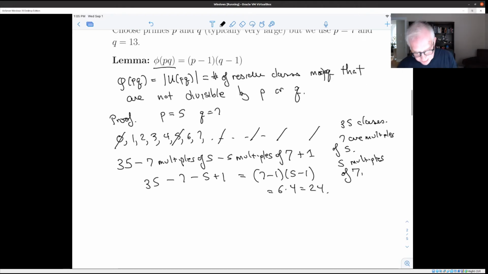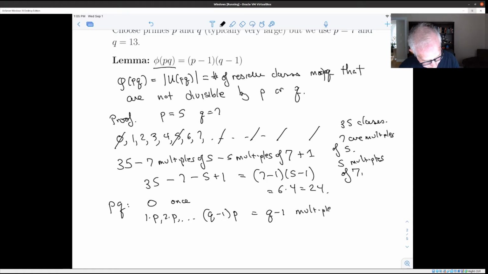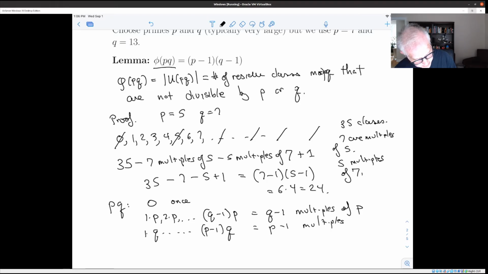So more generally, we can count the following. Given PQ, we count 0 once, and then we count 1 times P, 2 times P, out to Q minus 1 times P. This is Q minus 1 multiples of P. And then we have 1 times Q out to P minus 1 times Q. This is P minus 1 multiples of Q. How do we know there's nothing in common between those?